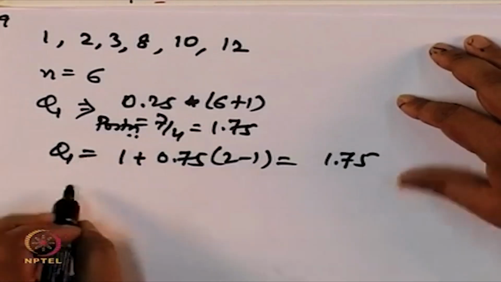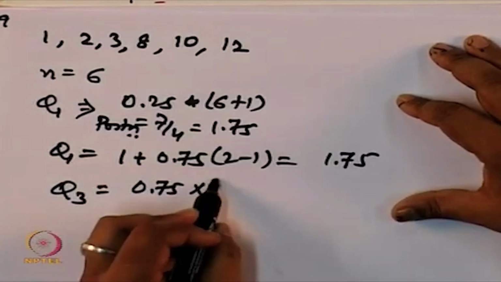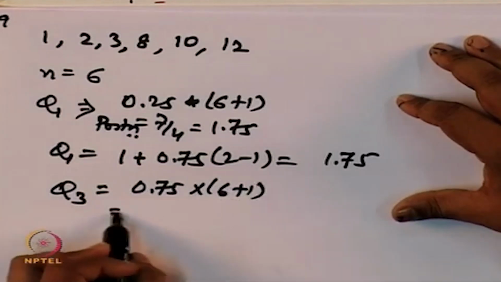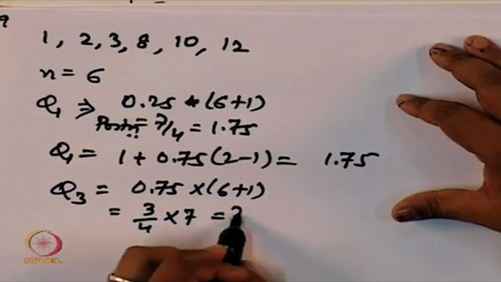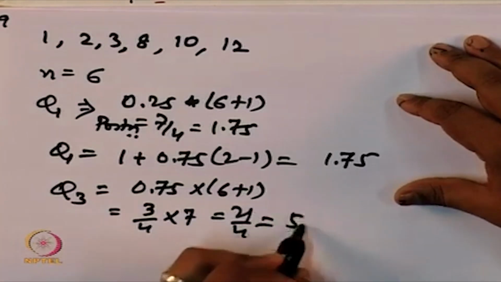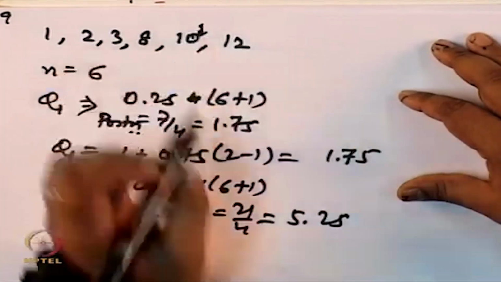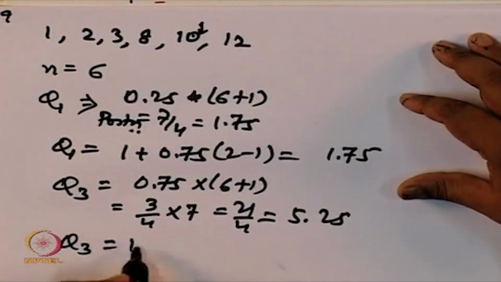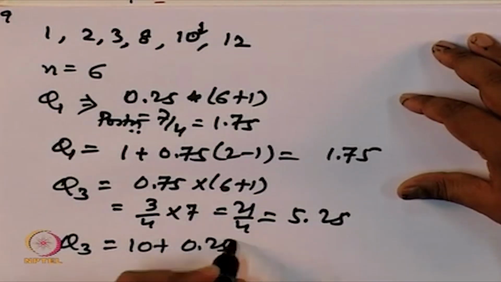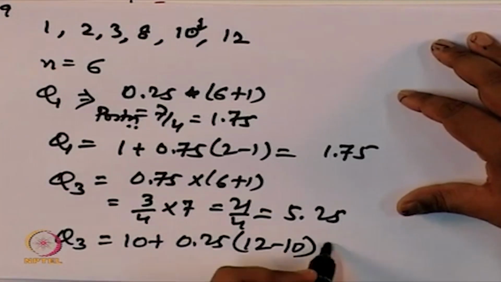Now, for Q3, the position is 0.75 times (6 plus 1), which is 3/4 into 7, 21 by 4, which is 5.25. So, the fifth number is 10, but you have the additional 0.25. So, Q3 is equal to 10 plus 0.25 times (12 minus 10), which is 2 times 0.25, so 0.5.